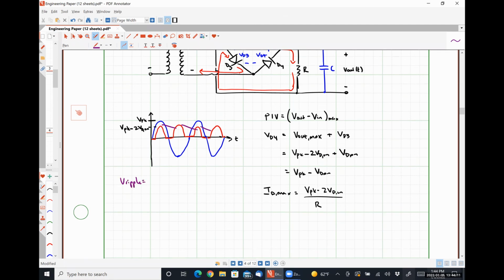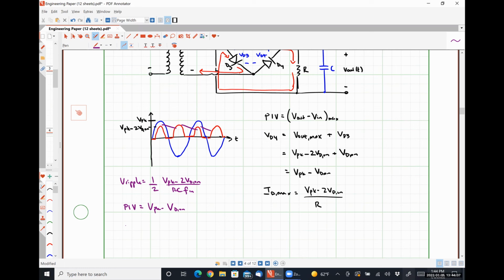V ripple is 1/2 V peak minus twice VD on divided by R C f. We have the peak inverse voltage still of just V peak minus VD on.